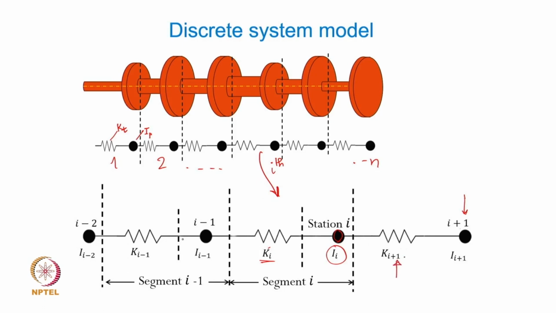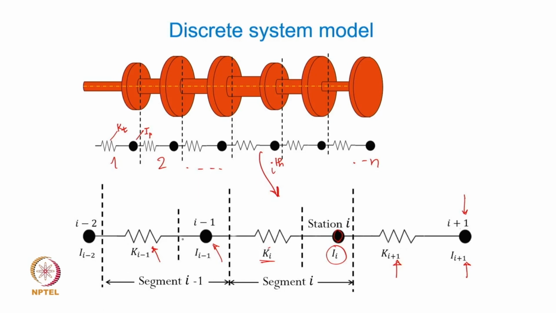The stiffness of this spring will be Ki plus 1. This will be the inertia element I plus 1, whereas this one will of course be I minus 1 and Ki minus 1, and so on. So on both sides you have interconnected elements.